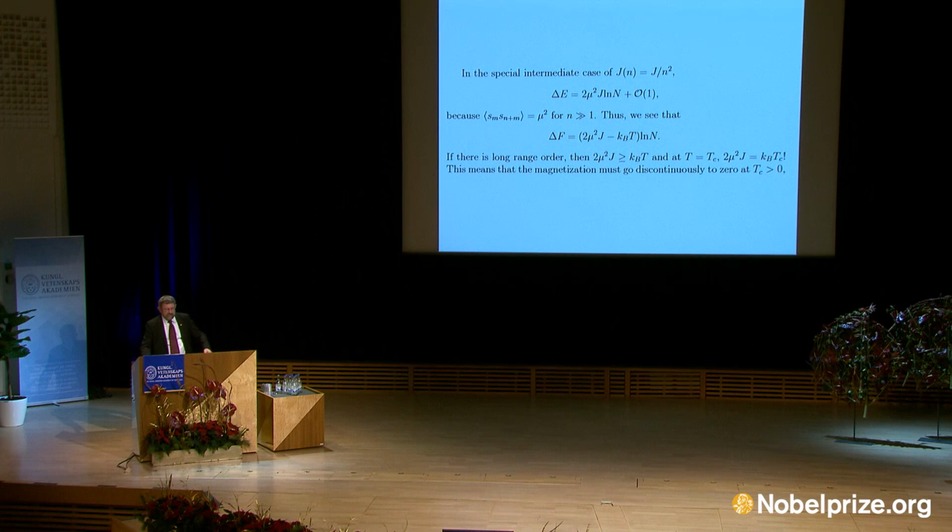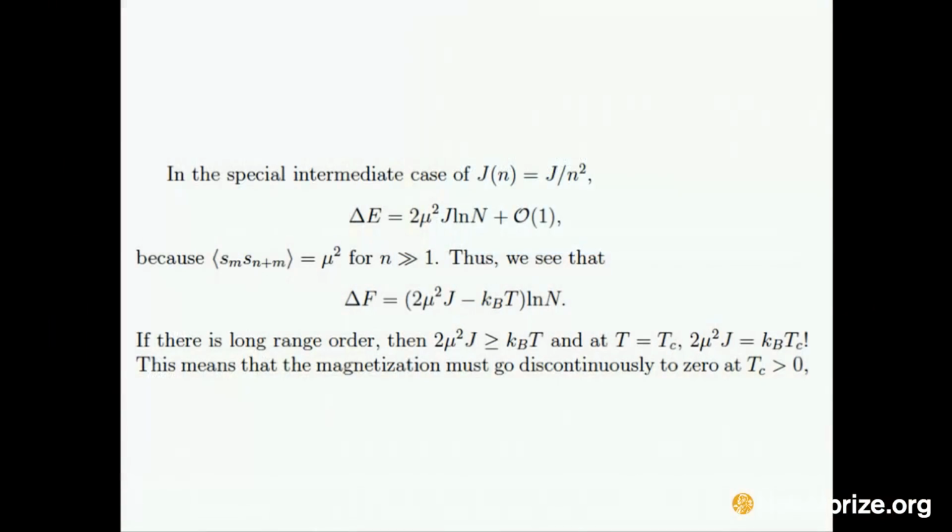And what has to happen is this free energy difference, this delta F, has to go to 0. Therefore, the critical temperature must be given by the vanishing of the coefficient of the logarithm of the system size. So we've got a formula that 2 mu squared J must be equal to k T_c at the critical temperature. And remember, mu is the magnetization.